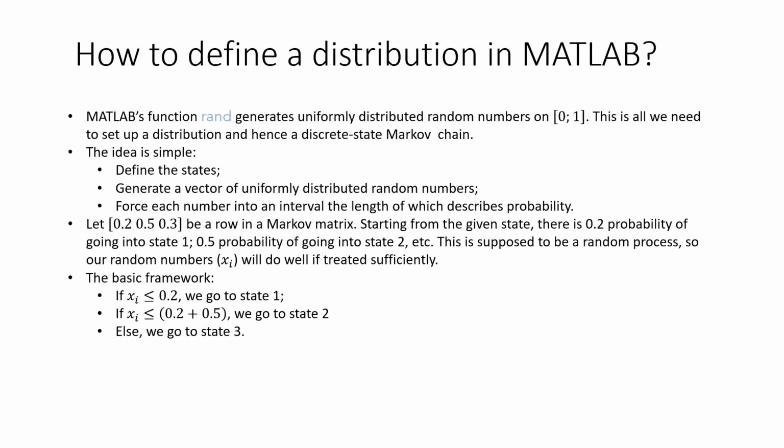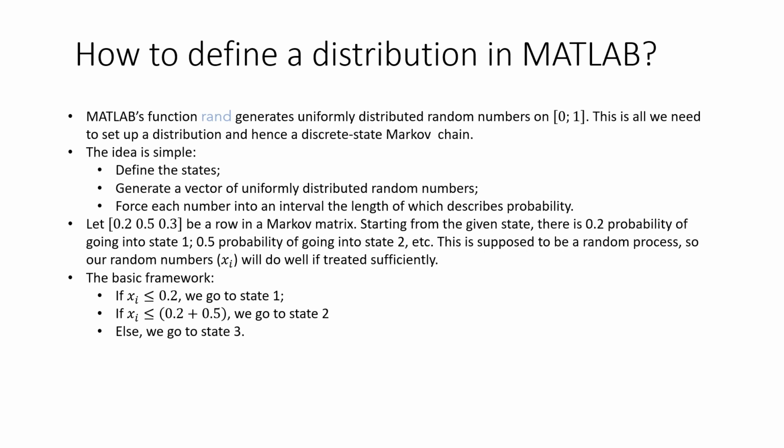In this case, where the probabilities are 0.2, 0.5, 0.3, there is 0.2 probability of going into state 1 from the given state, if it is taken to be a row in the Markov matrix. There is 0.5 probability of going to state 2, 0.3 probability of going into state 3.